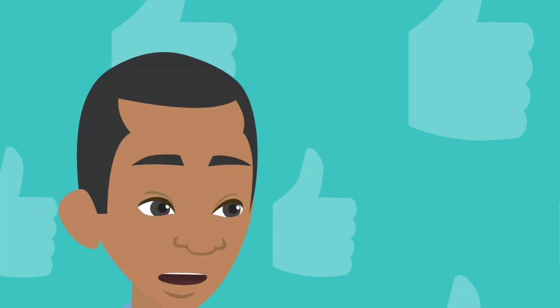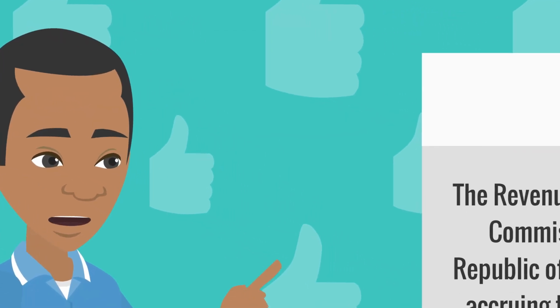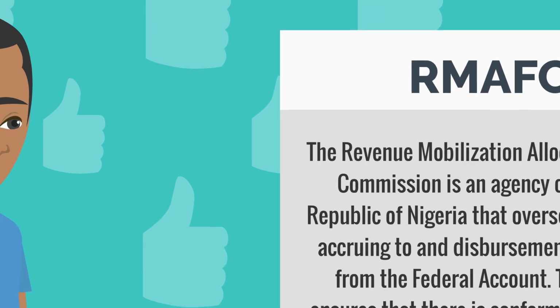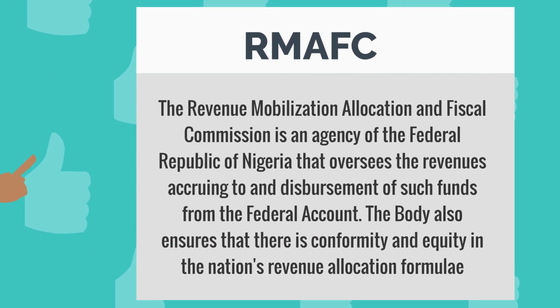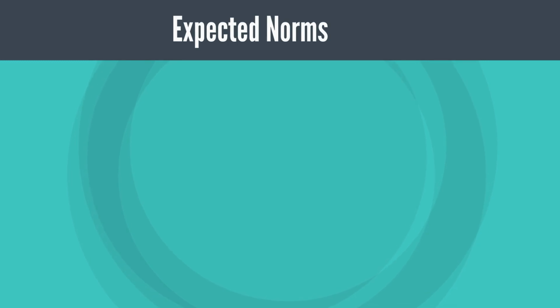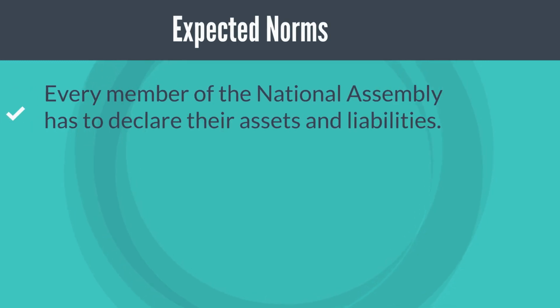What's more, the salary and other allowances of the members of the National Assembly are determined by the Revenue Mobilization Allocation and Fiscal Commission. Before they assume office, every member of the National Assembly has to declare their assets and liabilities. What that basically means is that they have to submit a document that states all the property they have and how much money they have.